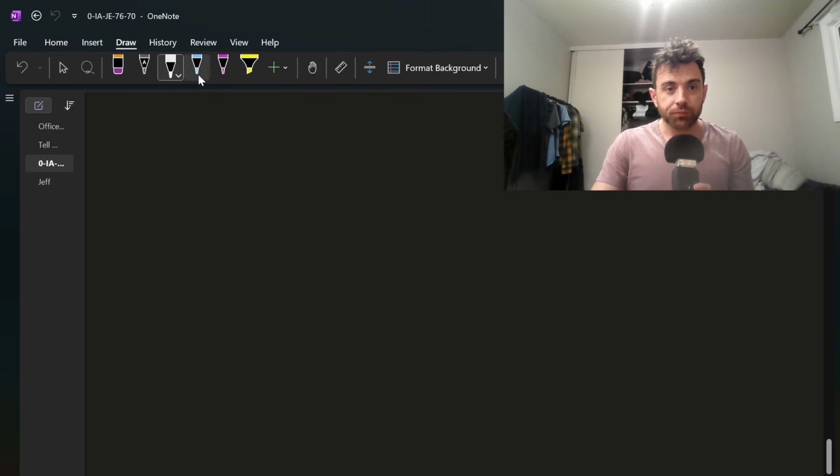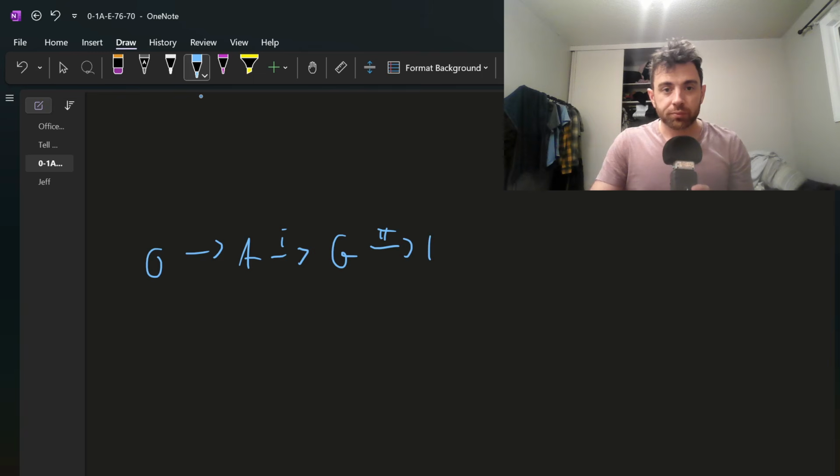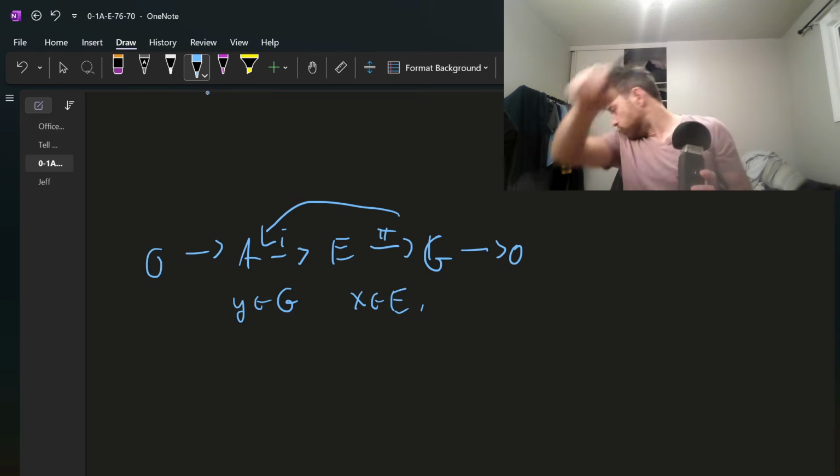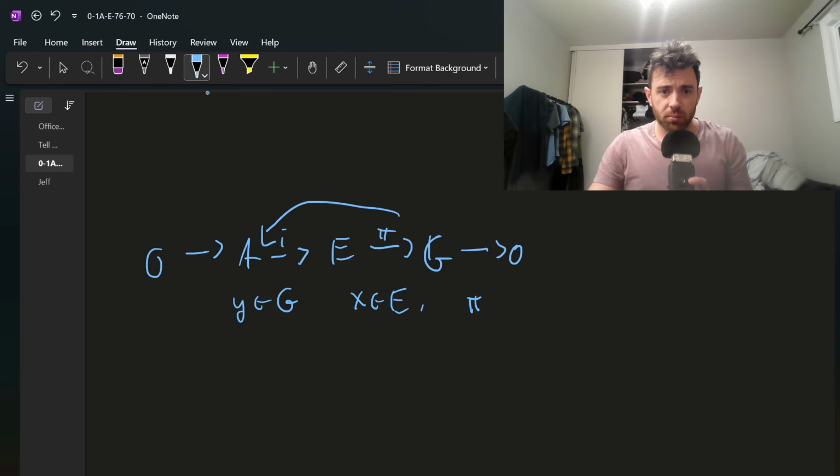I was talking about when we have a short exact sequence, E and G. And I was talking about how we define a G action on A. What I had said in the video initially was that I was going to take a Y in G, and I was going to choose X in E, such that pi of X mapped to Y.